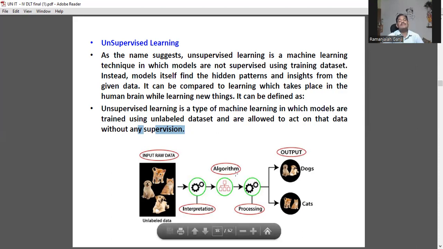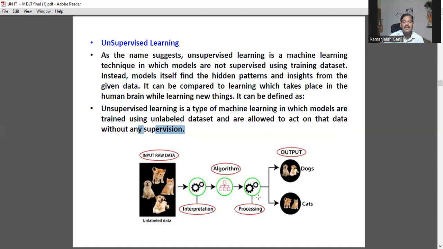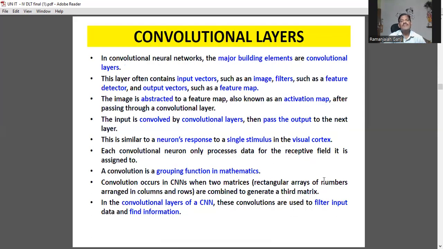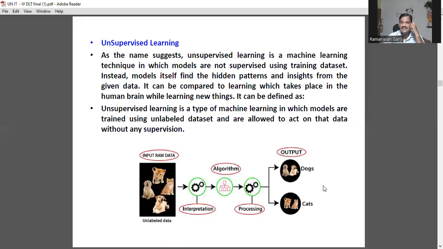Interpretation, algorithms are applied, processing, and produces an outcome in terms of these are dogs and these are cats. Whereas in this case, everything is known: labels, test data to produce an exact outcome. This is supervised and unsupervised learning.